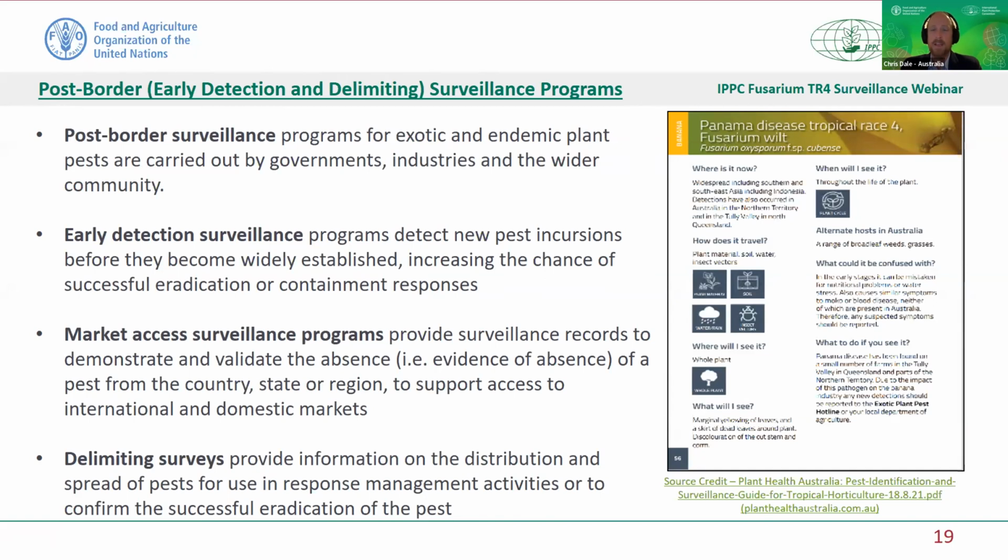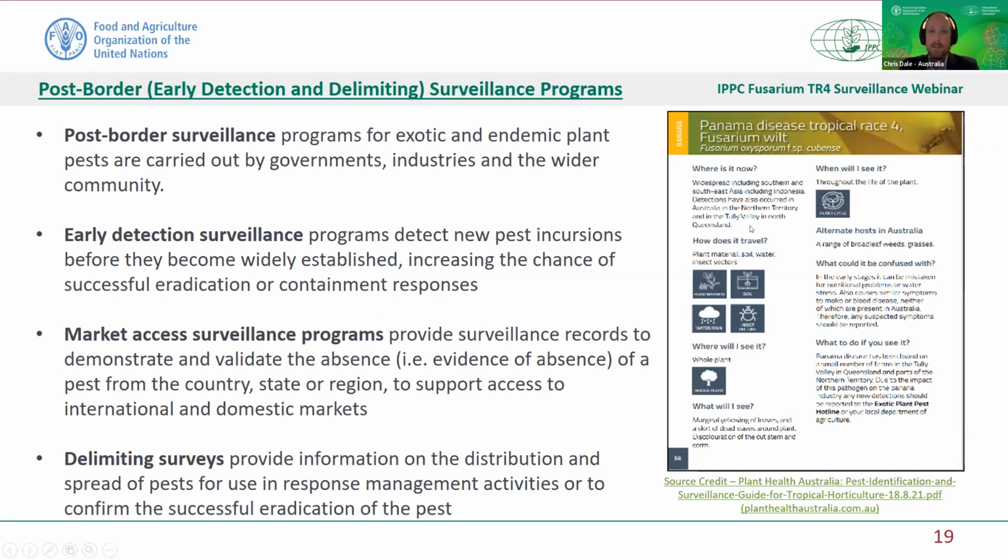It might be in areas where cargo or that particular pest may have been transported on a commodity into new areas, into growing or production areas. So it's very important that early detection and initial delimiting work happens as soon as that first detection happens. And again, that can happen at a government level by government or MPPO specialists, by industry, and also by other stakeholders that might be agronomists and different experts as well.